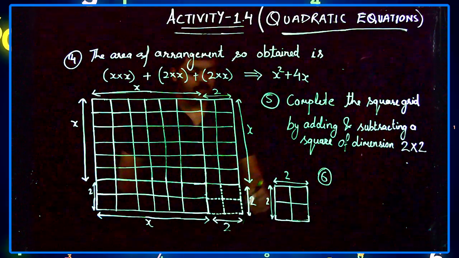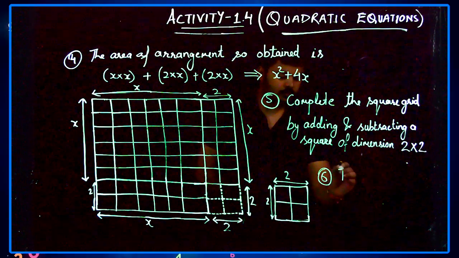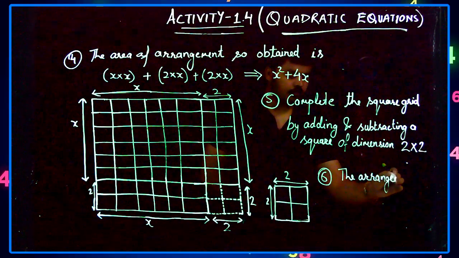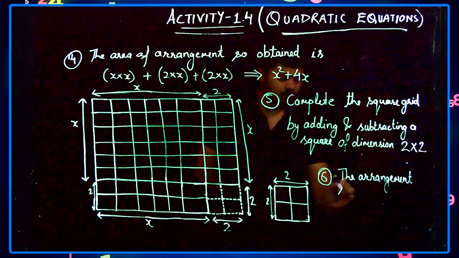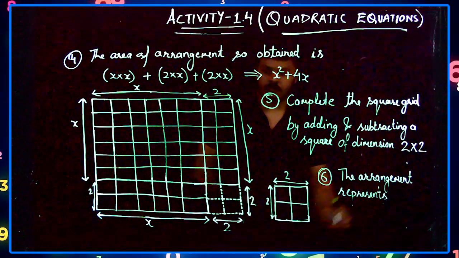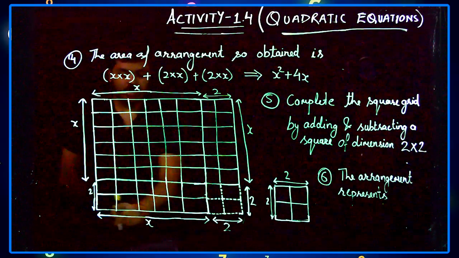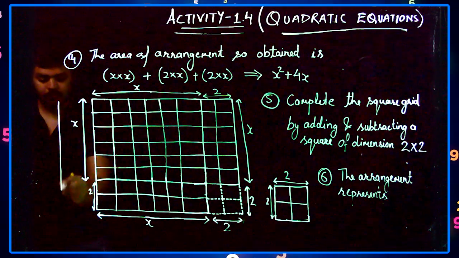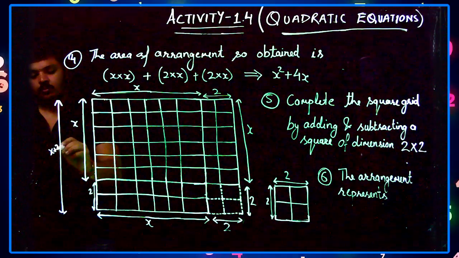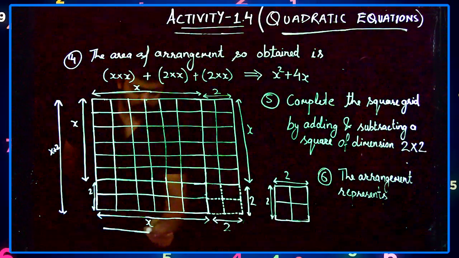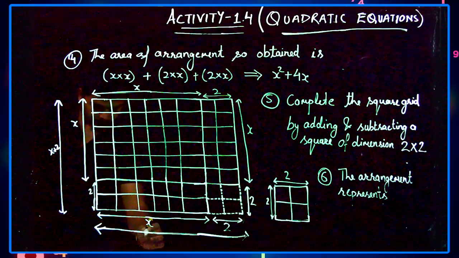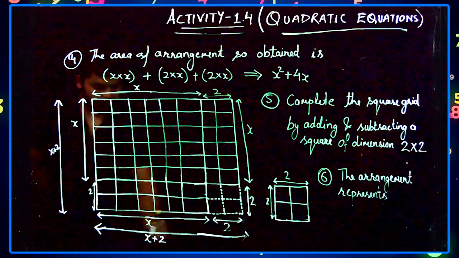So we can say this arrangement represents, since it is now a complete square and each dimension now becomes x plus 2, and here also the dimension is x plus 2.